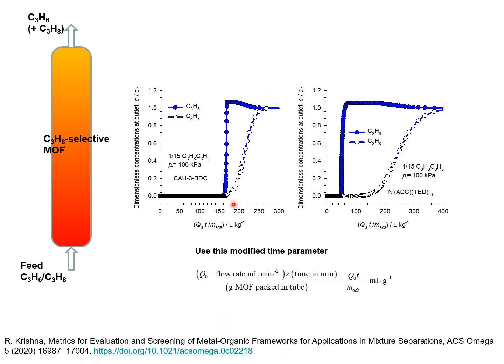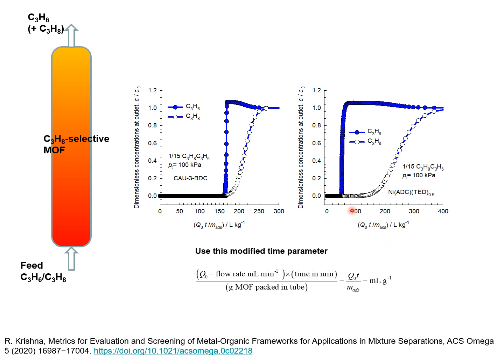The transient breakthrough simulations for 1:1 mixtures of propane-propylene in CoW3 BDC and Ni-ADC-TED 0.5 are shown here, and I use the modified time parameter Q0t divided by the mass of adsorbent as x-axis, with the units of liters per kilogram.